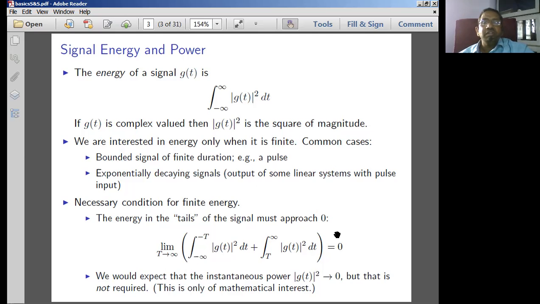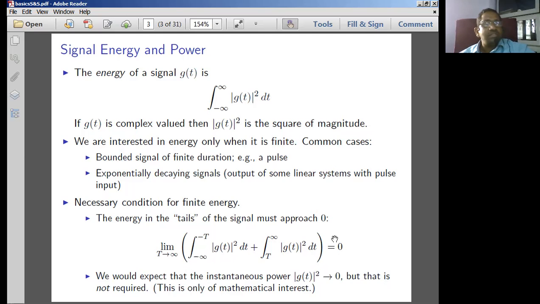So when you consider the limit as t tends to infinity, the value should be equal to 0. That means energy signals are going to end at some instant of time. They are not going to exist for the entire duration of time. That is simply known as the energy signal.